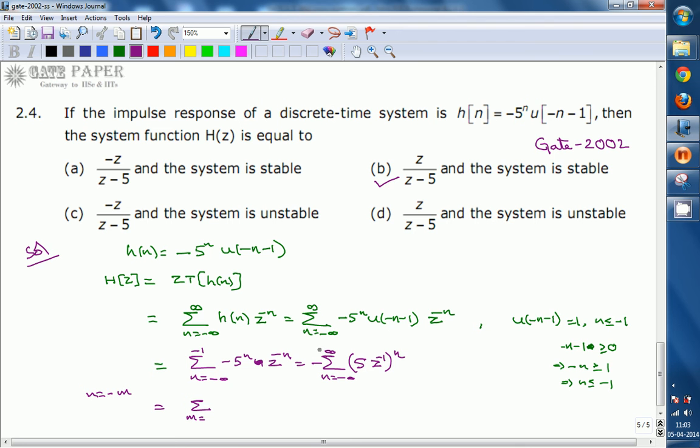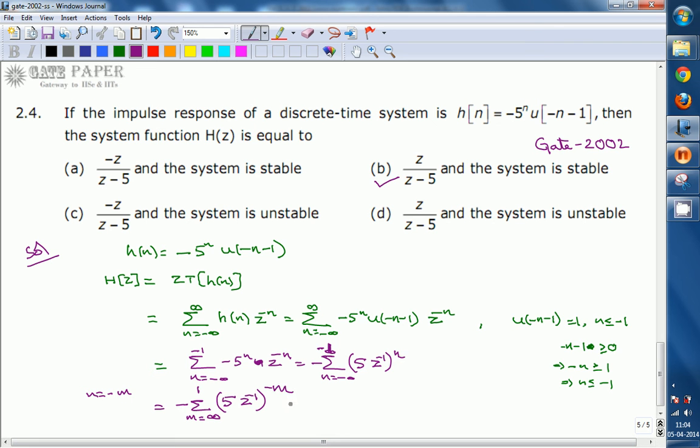For n equals minus infinity, the limit becomes infinity. For n equals minus 1, m becomes 1. So this is minus of 5 z power minus 1 whole power minus m.